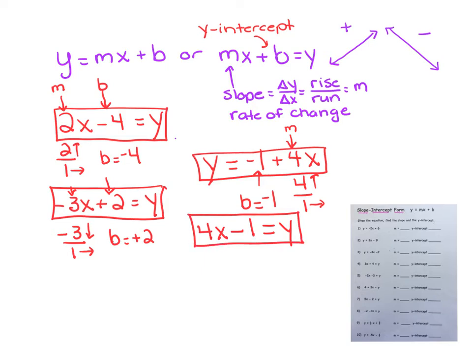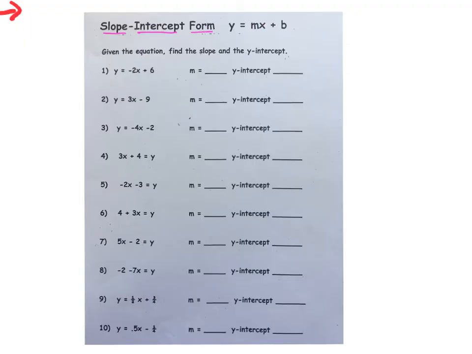Let's take a look at our worksheet. Given an equation in slope-intercept form, we're going to identify the slope and we are going to identify the intercept. All of these equations we've been given are in slope-intercept form. It states, given an equation, find the slope and find the intercept. Let's start with the slope.